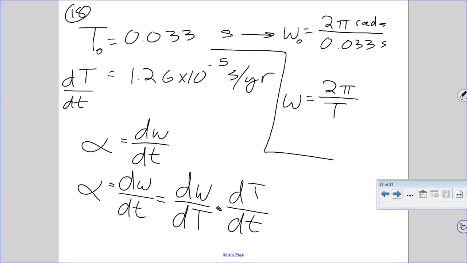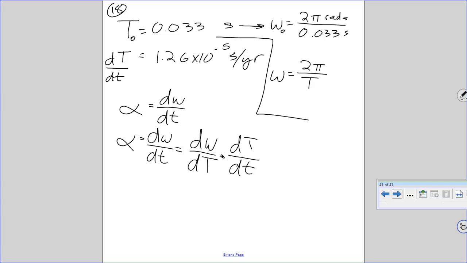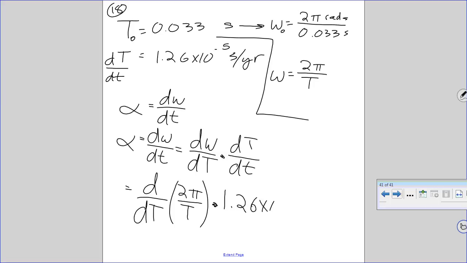So now I just need to differentiate 2 pi over T with respect to T. So this is the derivative with respect to the period of 2 pi over T, times dT over dt, which is this number, 1.26 times 10 to the negative fifth seconds per year. Let me pause for a minute and let you absorb that.